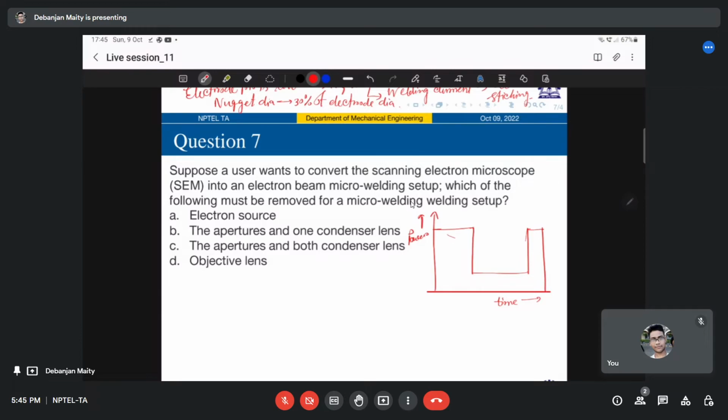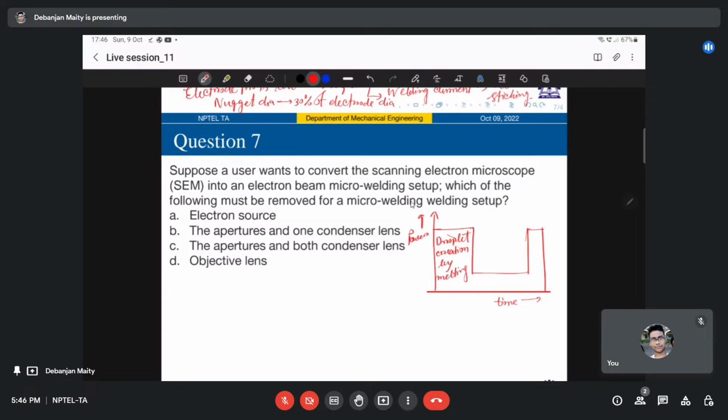Here, droplet creation by melting occurs, and then there will be some kind of droplet detachment, droplet flight, and droplet landing, and then finally you will end up with droplet solidification.